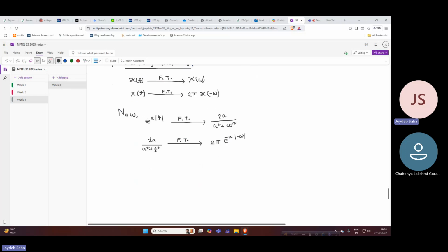So if we cancel out 2, then we will get a upon a square plus t square, whose Fourier transform will be pi e to the power minus a mod omega.